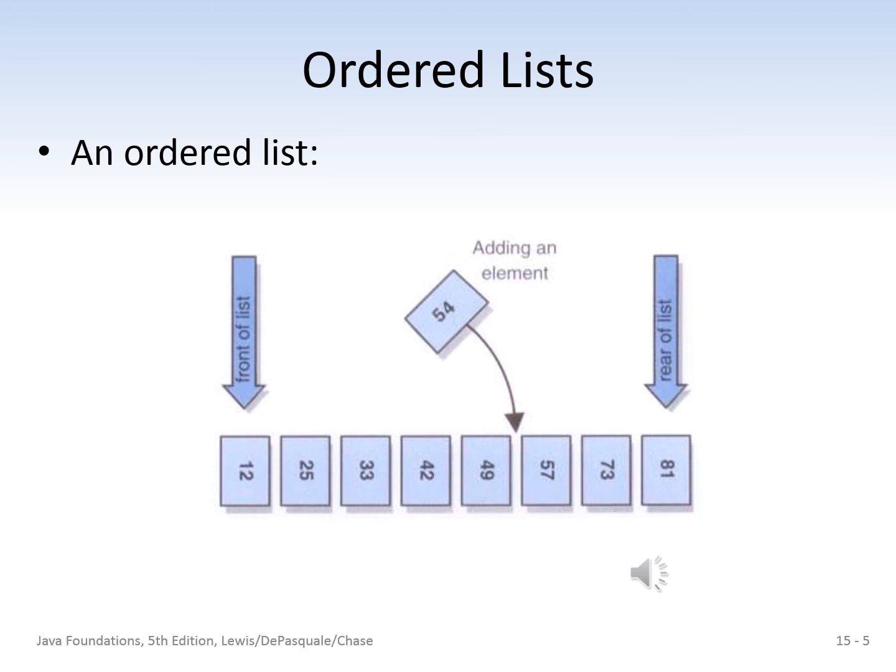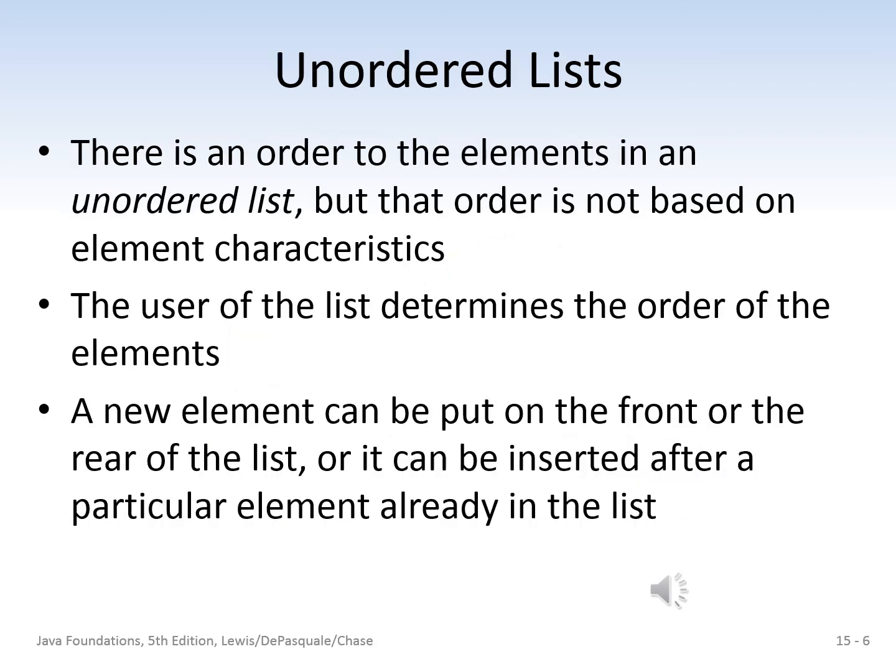It's when we get into unordered list, which gets a little bit more complex. So in an ordered list, the order is based upon some characteristic of the elements in the list. In an unordered list, there is an order, but it's not based on characteristics. So it's not a series of names that are stored alphabetically, ascending or descending.